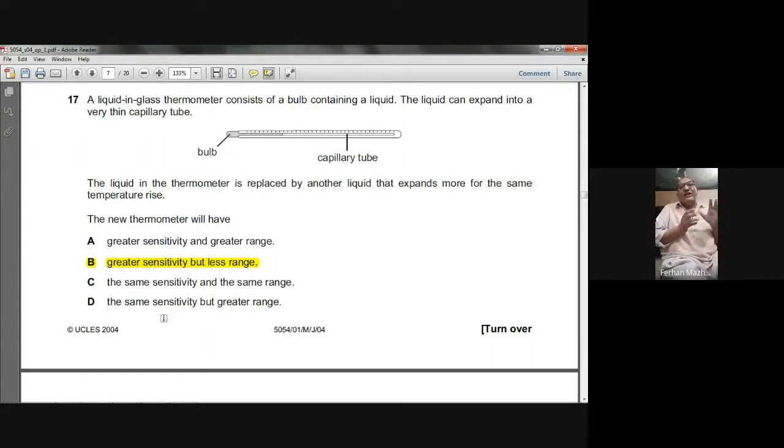Now you have put a new liquid which expands more, in the same length of the thermometer. So the new liquid might reach the end of the thermometer when the temperature is, suppose, 60. It expands more, so it reaches the end at 60. So the range is now up till 60. The range has decreased.